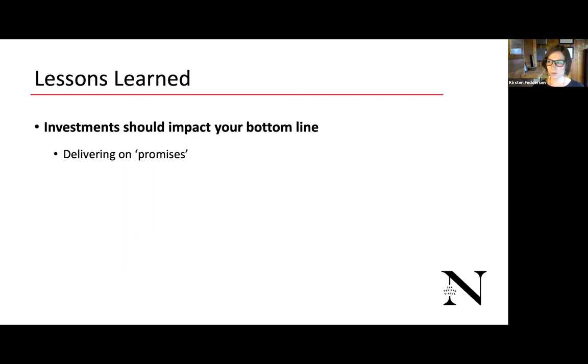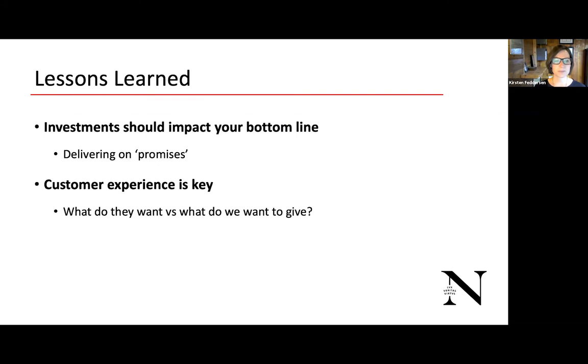Unless those students enroll, is that really a good investment? And at Northeastern, it's simply not. And so we need to be able to deliver on the promises that we make up front to make sure that students actually stay with us through the funnel to the point of matriculation.